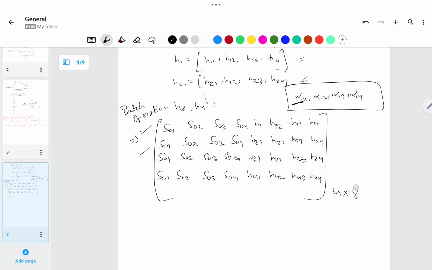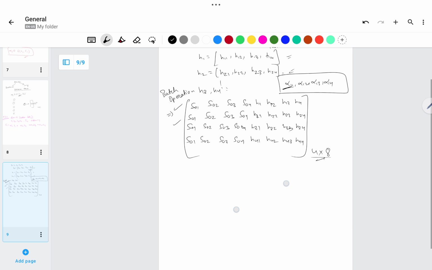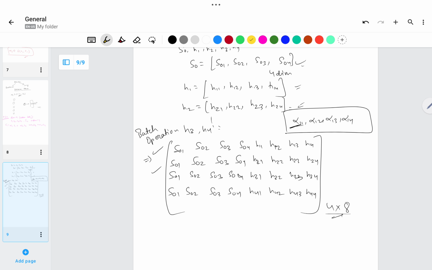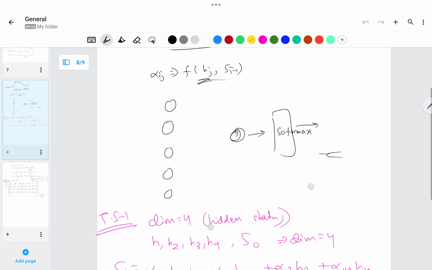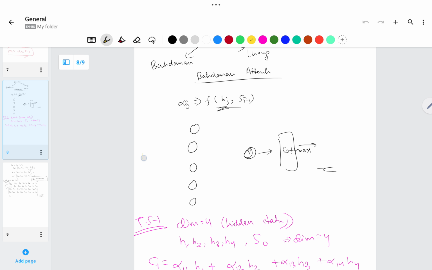So it will be a large 4 cross 8 matrix. So we have our input matrix of dimension 4 cross 8.